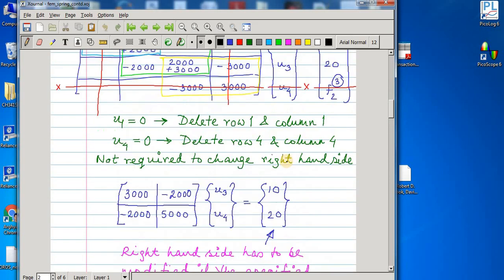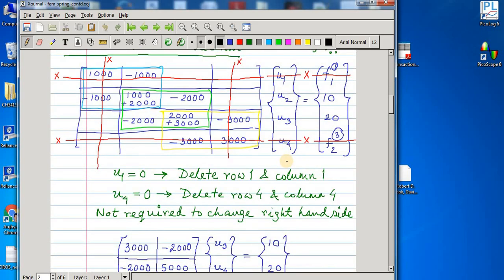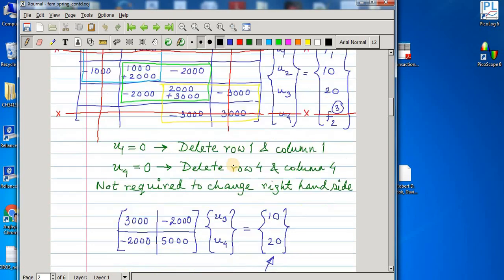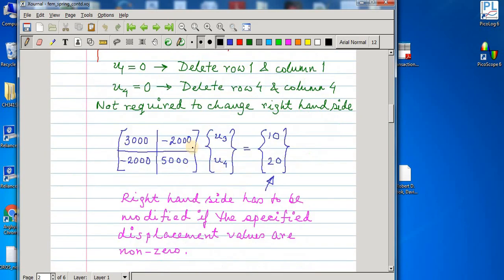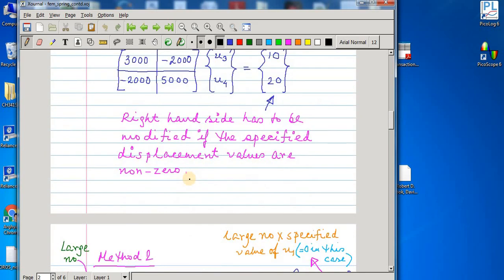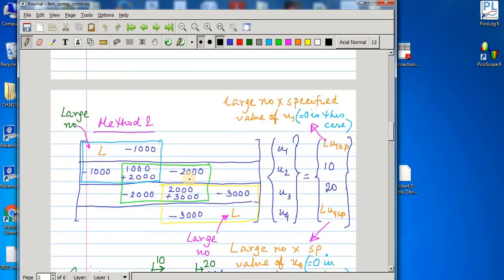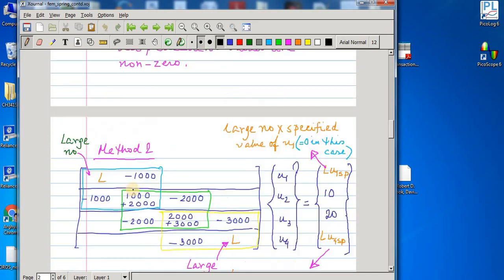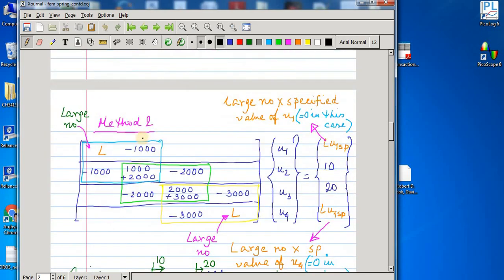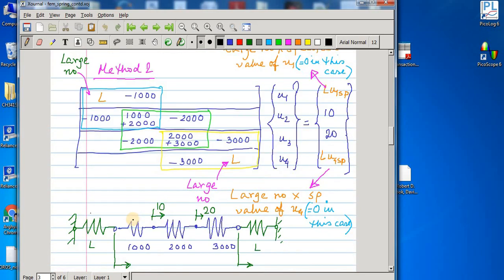So this is the first method, the method of row column deletion, which we have already seen, and we solved this and got the results. And there is another method, which is method 2, the penalty function method.